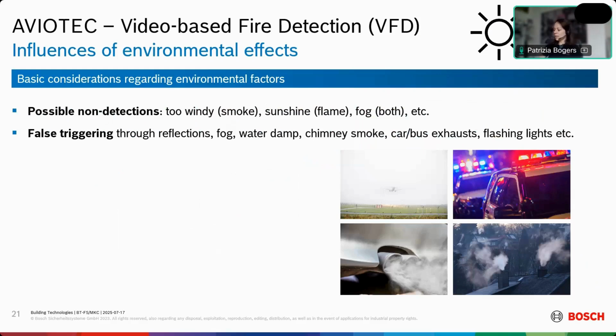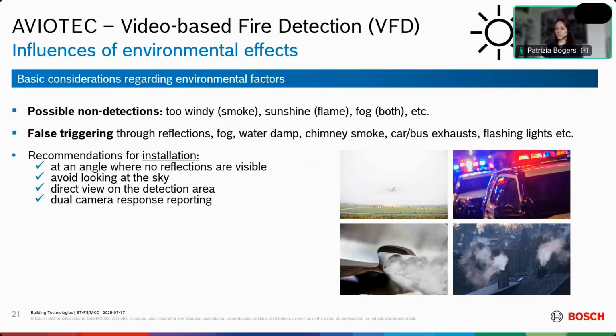And here we have different possibilities in order to cope with these challenges. First of all, it is about the installation. When it comes to designing a fitting installation concept for AVIOTEC, we recommend to adjust the opening angle as well as the inclination angle, and position the camera in a way that no reflections are visible.